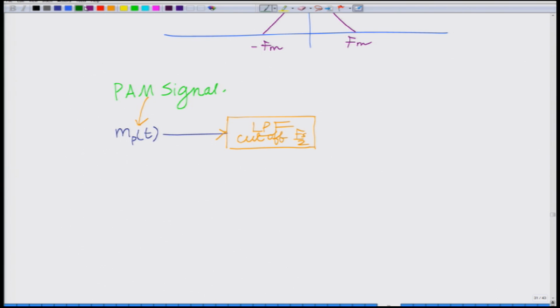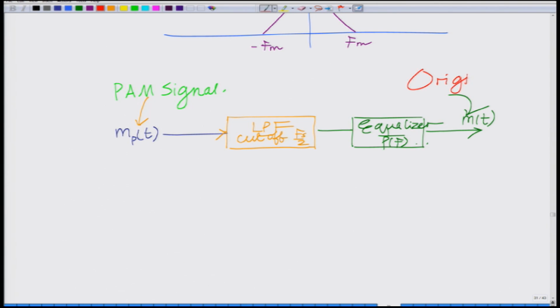Follow this by equalizer, that is 1 over Pf, and then you get back M of T, which is the original message signal, of course noting that if there is no aliasing.